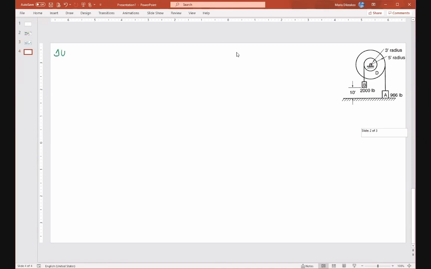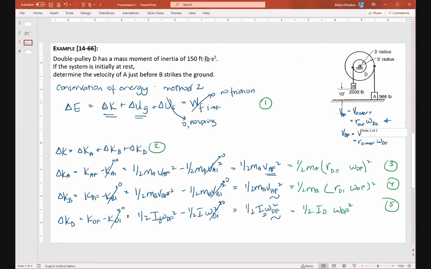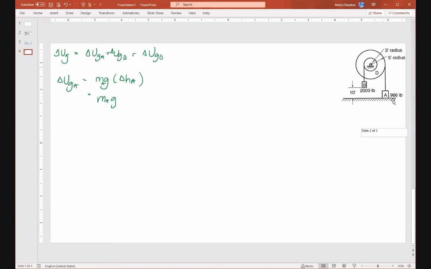Okay, so delta UG is going to be delta UG of A plus delta UG of B plus delta UG of D. Now delta UG of A. If we write it this way, it's easier: MAG delta HA, the change in height of mass A. If we go back to the problem, we're told that mass A climbs up and B hits the ground.